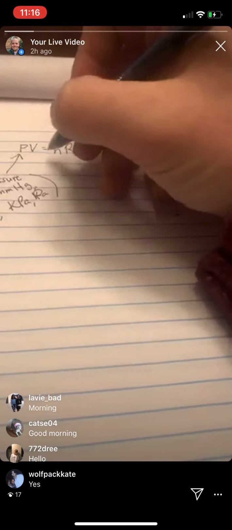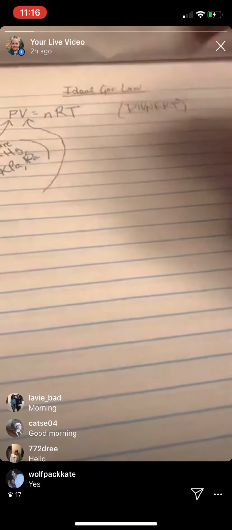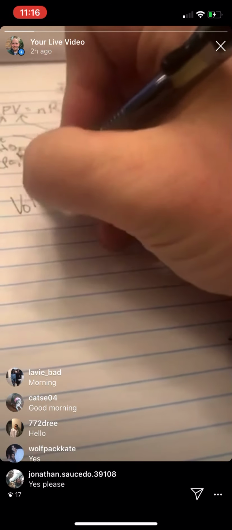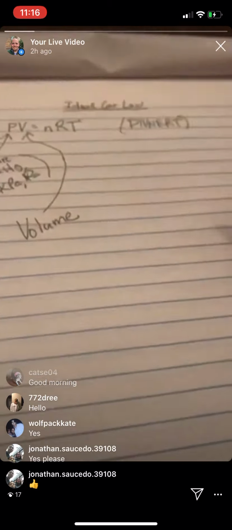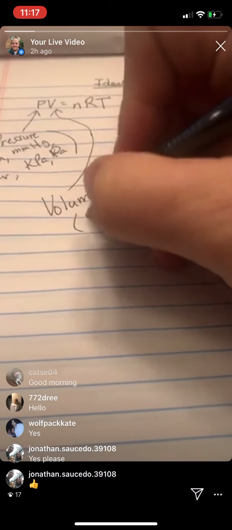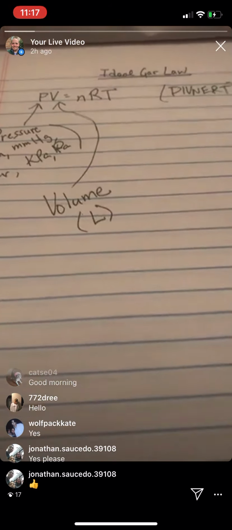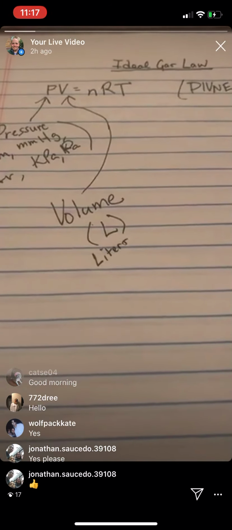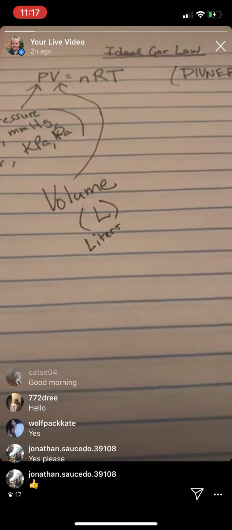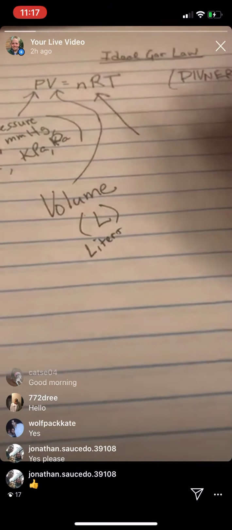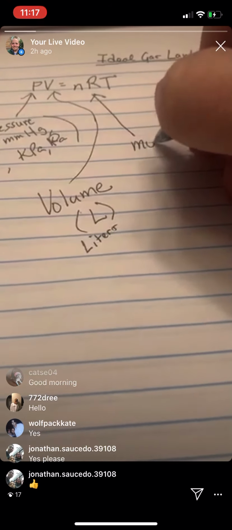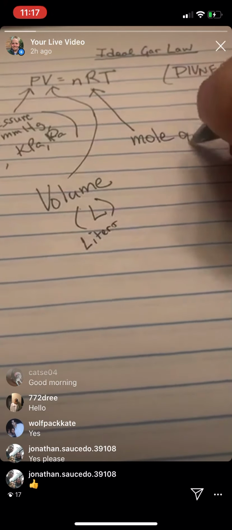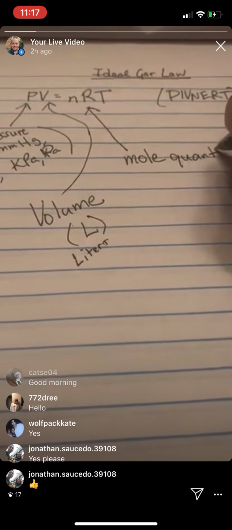Okay. V is for volume. And the volume will be measured in liters, always. Okay, this is liters. N is the mole quantity. Now, when was the last time we talked about moles?